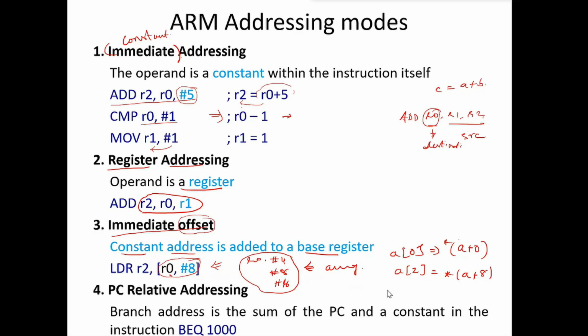The next one is PC relative addressing. When it is PC relative addressing, it is purely associated with the branch instructions. So I hope you know about the branch instructions. Suppose I'm writing a code: add of something, and after adding it, I'm comparing whether it is equivalent to #2.